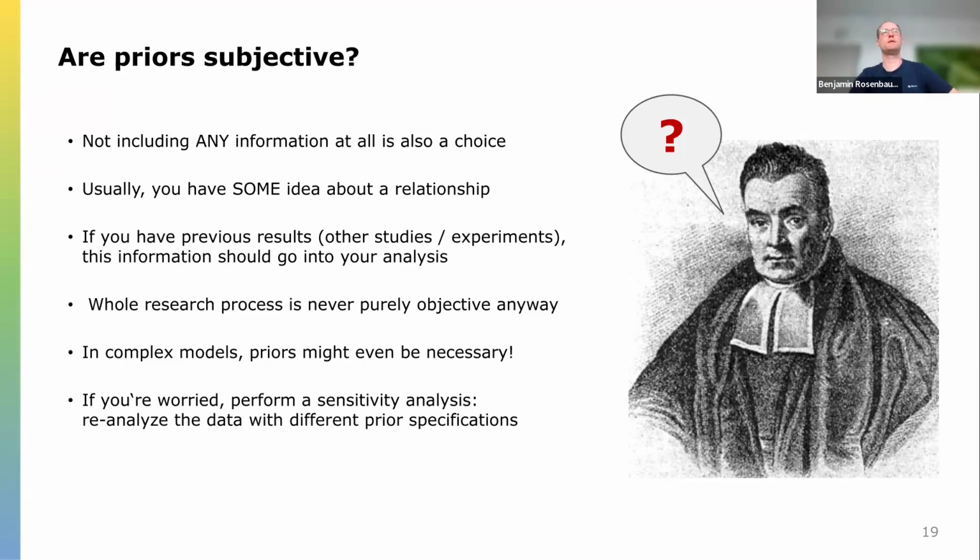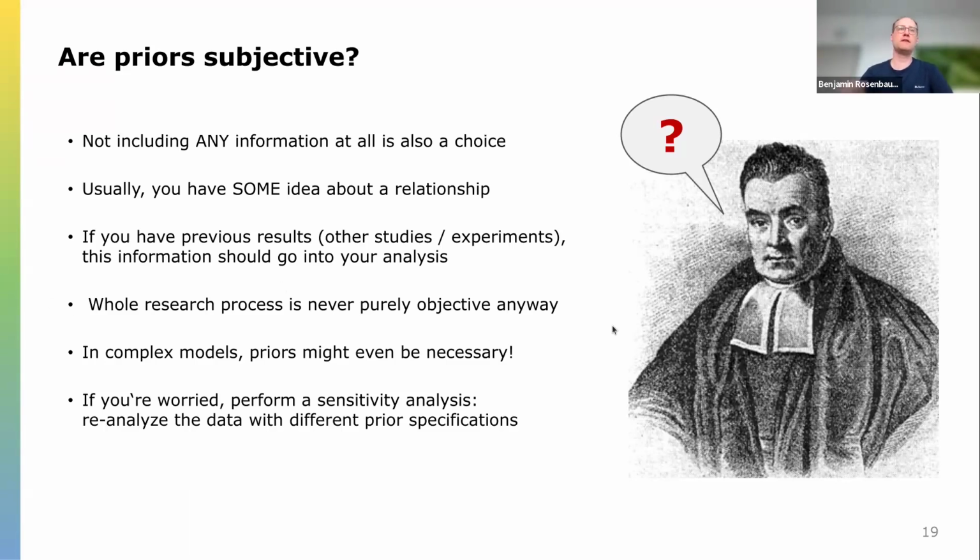Because usually you do have some idea about the relationship, for instance, if the relationship should be positive. And the posterior is some kind of compromise between evidence from the data and your general reasoning. And if you have previous results, this should go into your analysis, right? So it would be a waste to throw this information away.